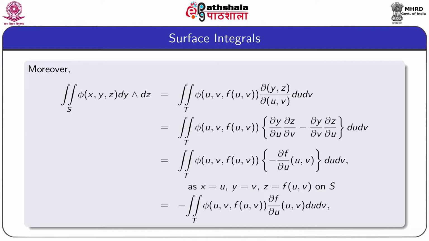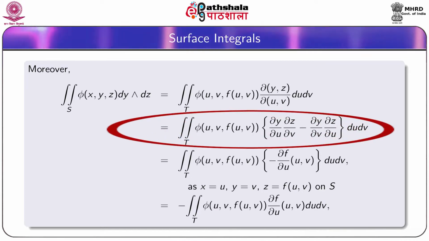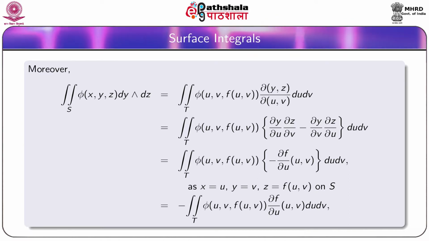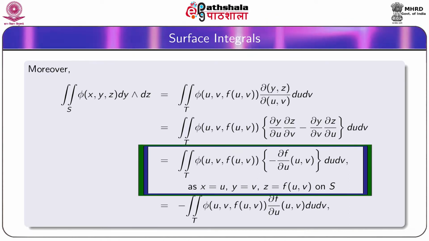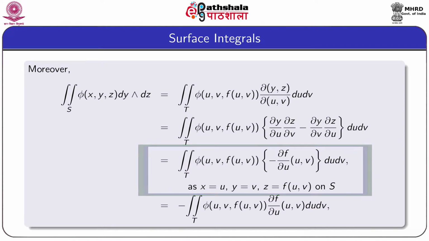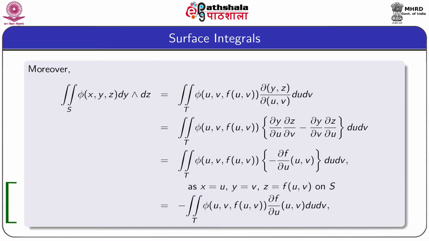Now, we expand the Jacobian determinant, so it becomes ∂y/∂u ∂z/∂v minus ∂y/∂v ∂z/∂u. Putting in the values, we find this equals the double integral over T of φ(u,v,f(u,v)) multiplied by −∂f/∂u(u,v) du dv, since x equals u, y equals v and z equals f(u,v) on the surface. So, this equals the negative of the double integral over T of φ(u,v,f(u,v)) ∂f/∂u(u,v) du dv.